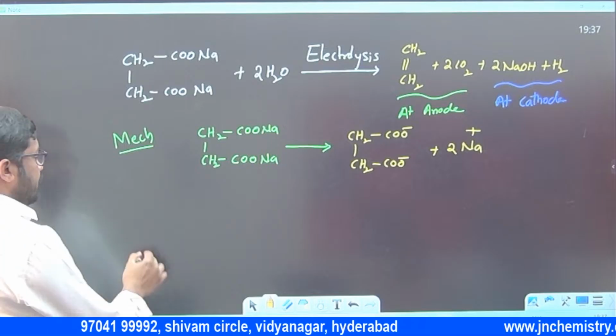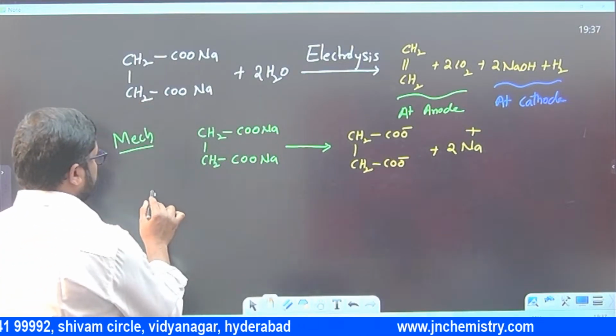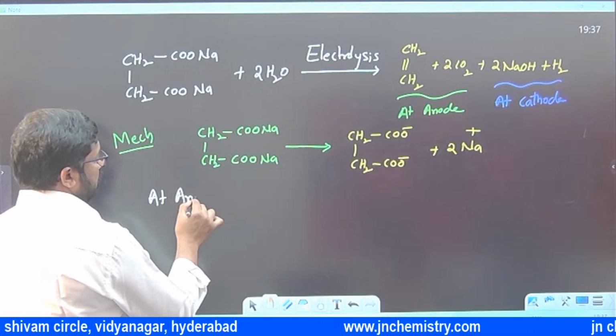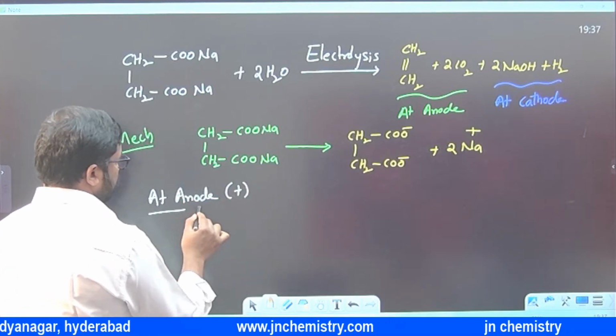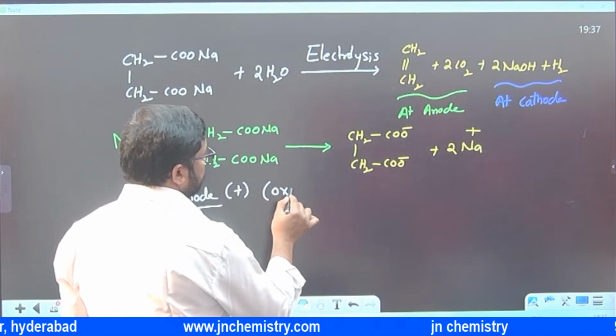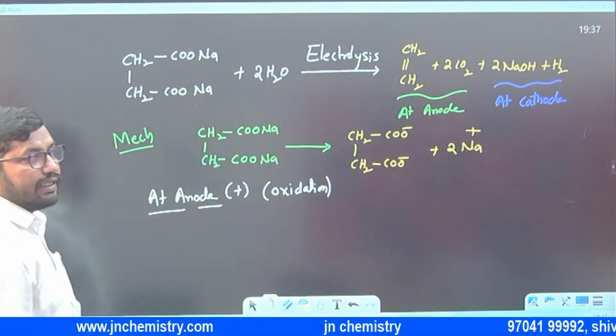At the anode reaction, same. At the anode, which charge now? Positive charge. Which reaction takes place? Oxidation. So now we will take this ion.